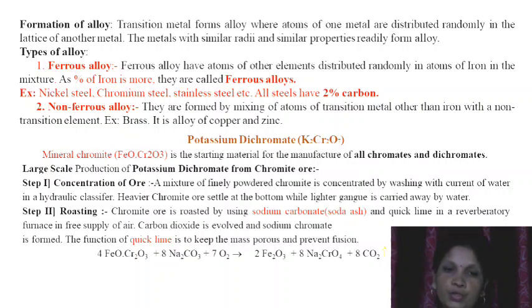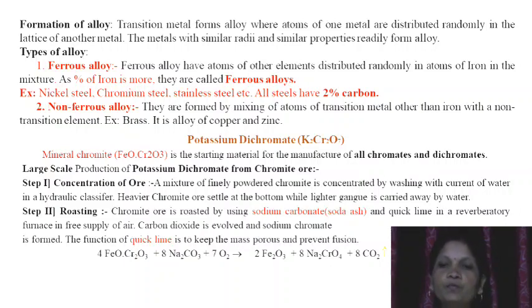Step 2, roasting. Roasting means oxidation in the presence of oxygen. Here in the second step, chromite ore is roasted using sodium carbonate, also called soda ash, and quicklime in a reverberatory furnace in a free supply of air. Carbon dioxide is evolved and sodium chromate is also formed here.